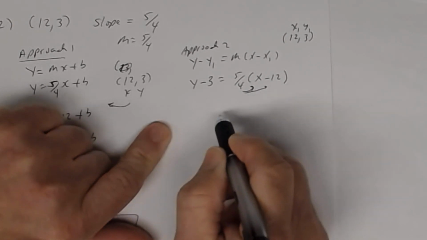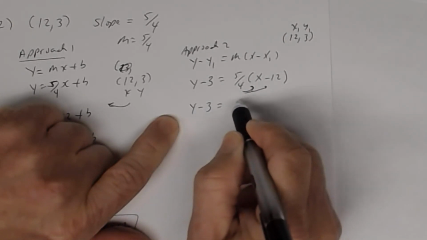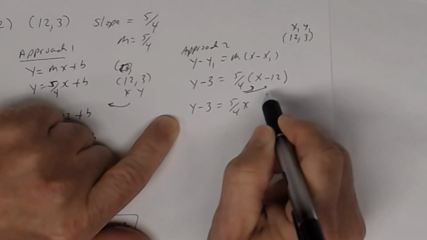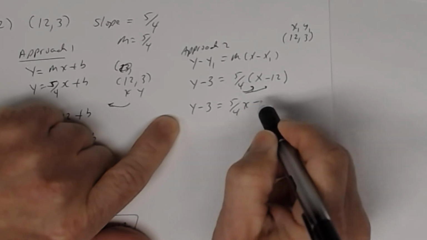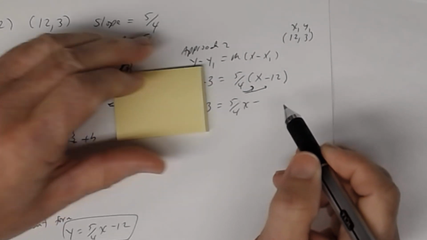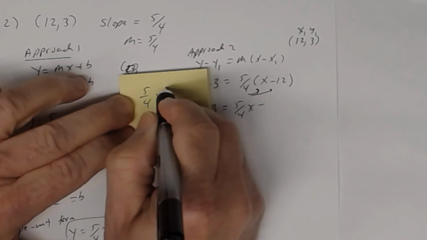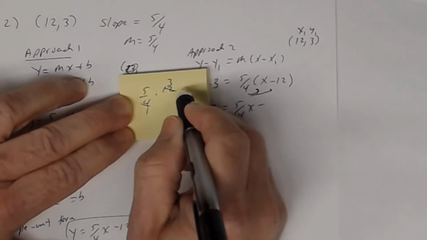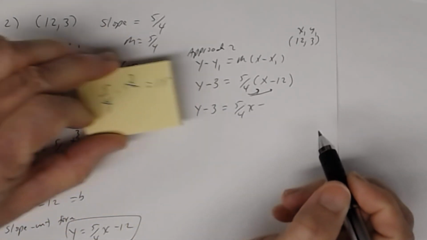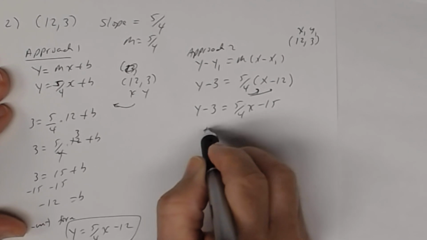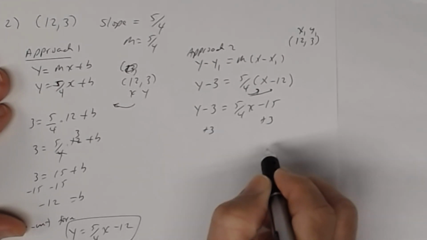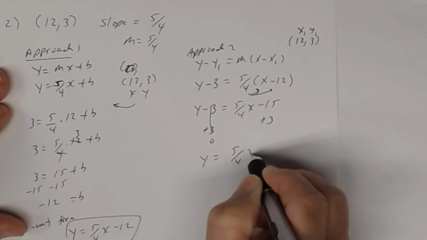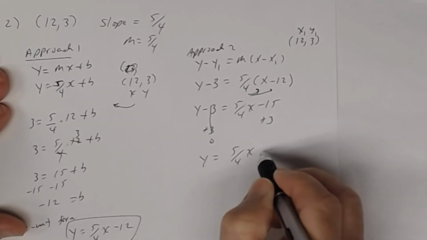Distributing, I get y subtract 3 equals 5/4 times x, and then 5/4 of a negative 12 would be negative. Remember 5/4 times 12: 4 into 4 is 1, 4 into 12 is 3, 5 times 3 is 15. So you get negative 15. Then adding 3 to both sides and combining like terms, I get y equals 5/4 x, negative 15 and 3 is negative 12.